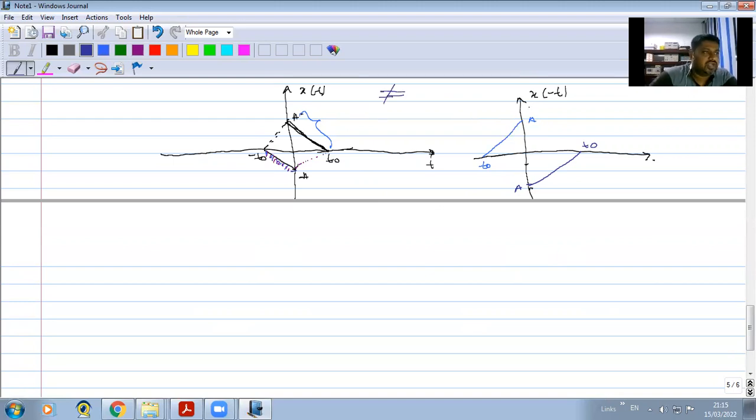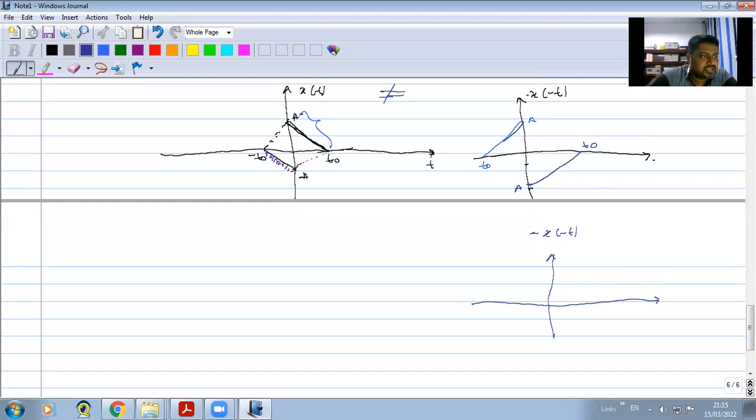Okay. What if we get the minus x(-t)? I multiply x(-t) by minus 1, so I will get minus x(-t). What happened on this side?